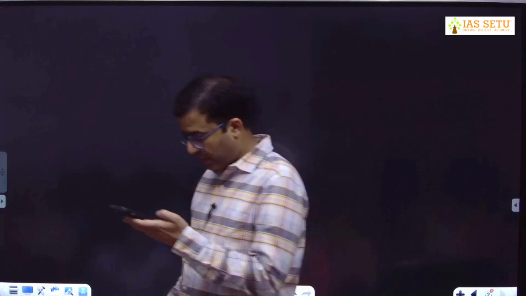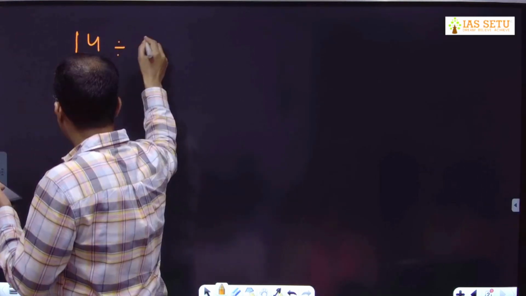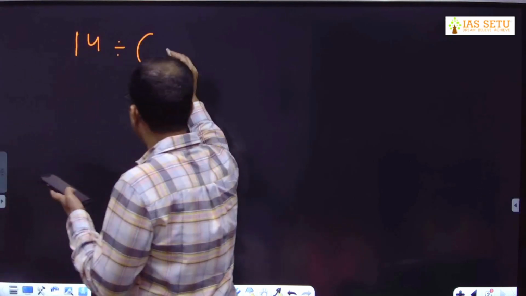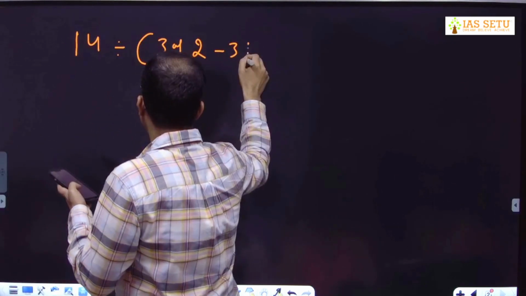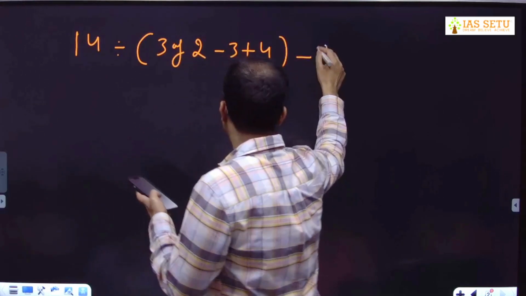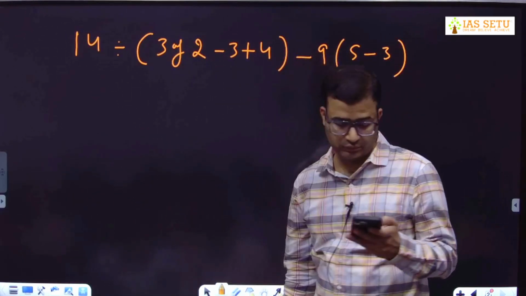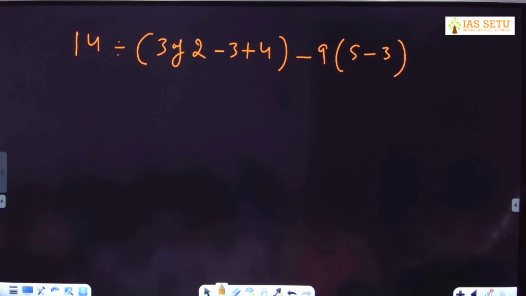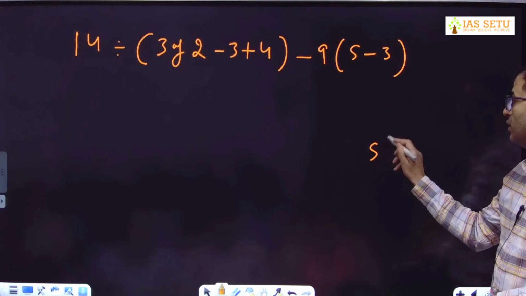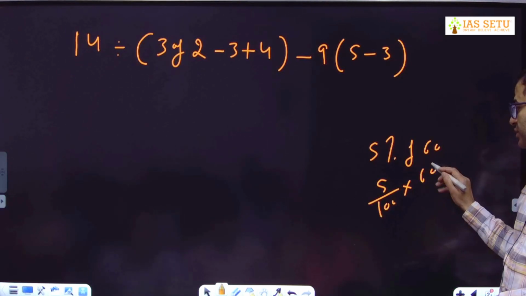Question number 5, the practice question is 14 divided by, small bracket start, 3 of 2 minus 3 plus 4. Of means multiplication. 5% of 60, so we do 5 upon 100 into 60.